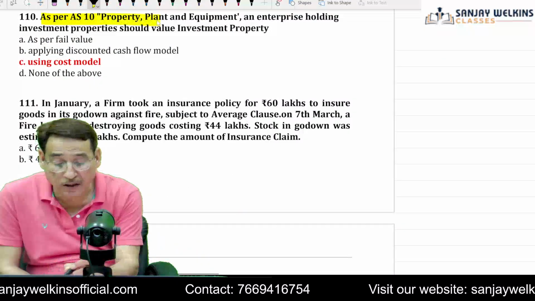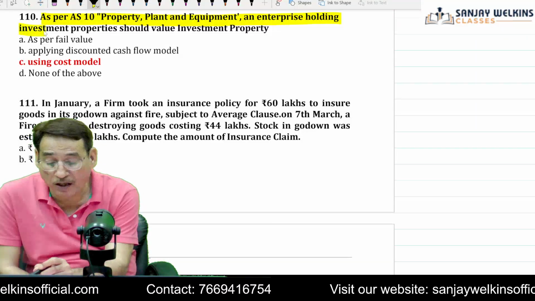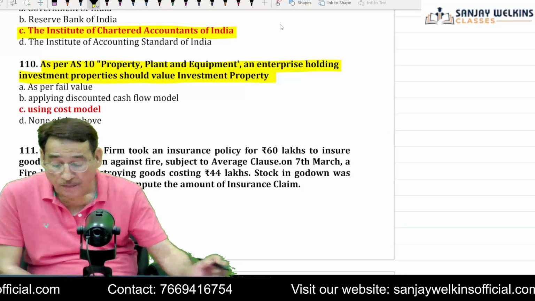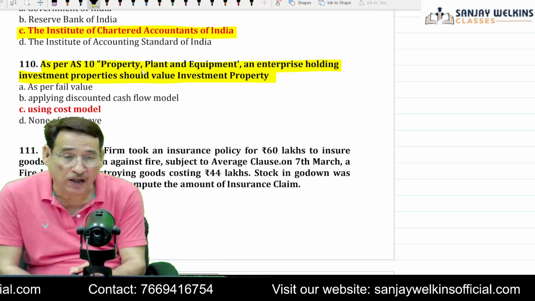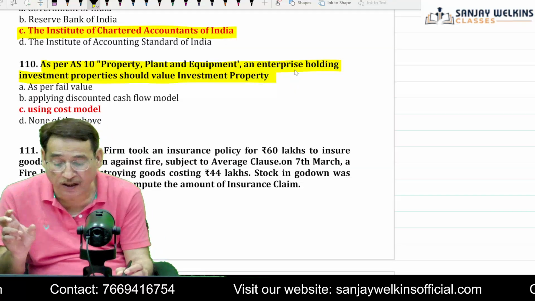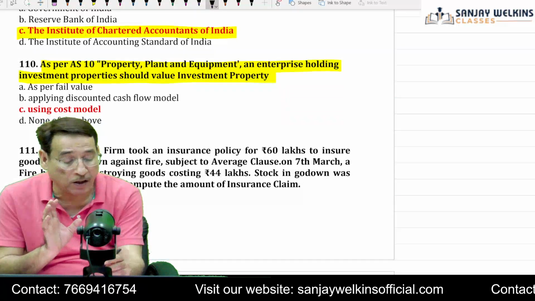As per AS10, property, plant and equipment, an enterprise holding investment property should value investment property. See here, if an enterprise is holding investment property, what do we mean by investment property?